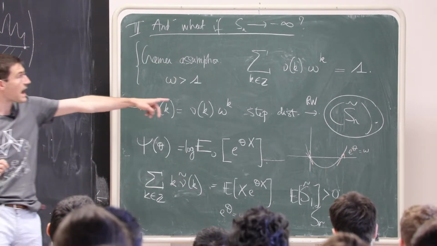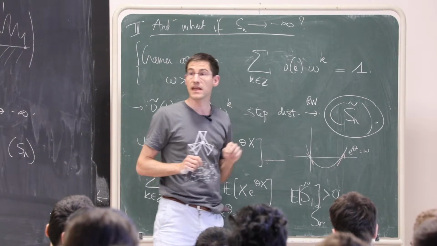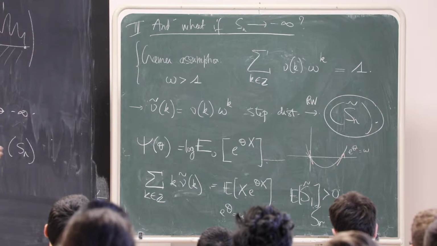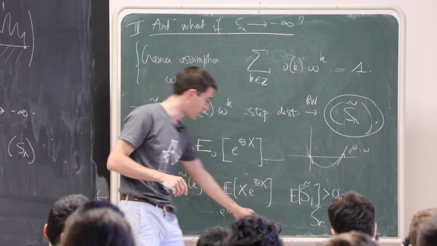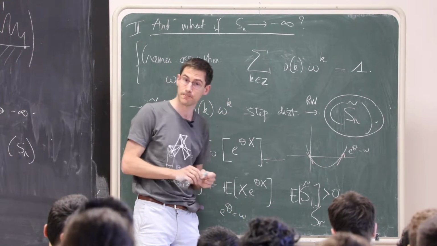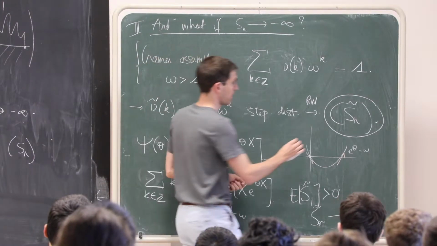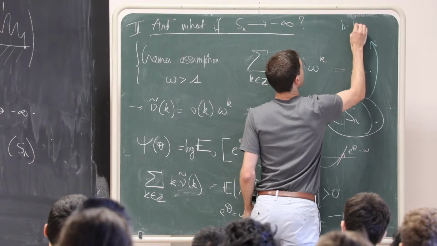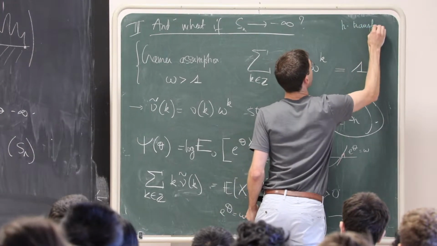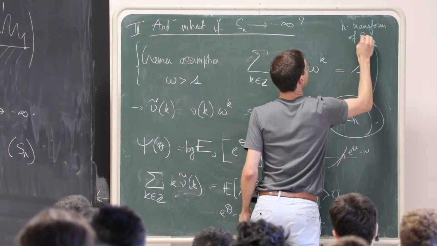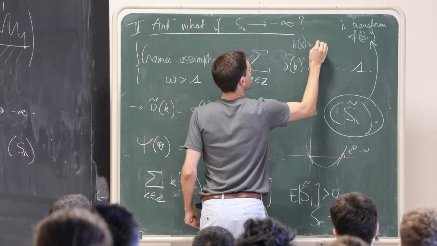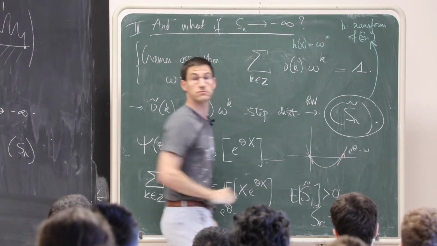But actually, this is an H transformation of my initial walk. Clearly, it's the H transformation for which function? This is an H transform of S n by h of x equals omega to the x.